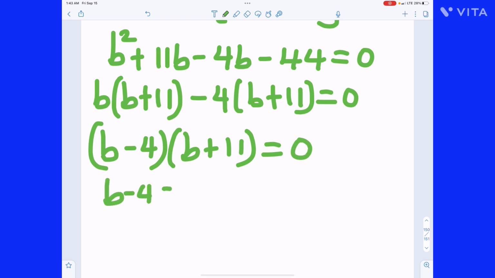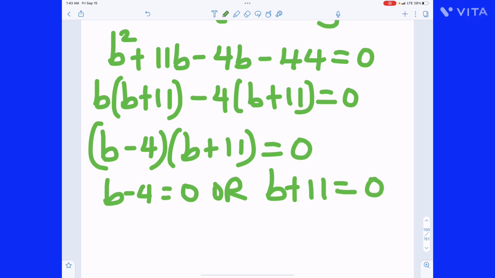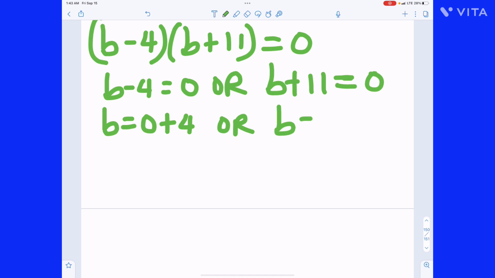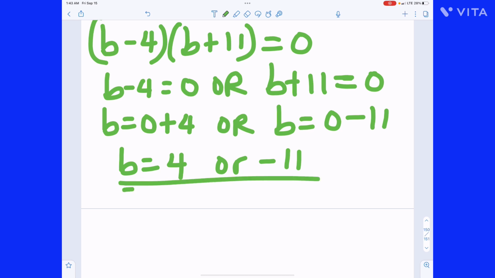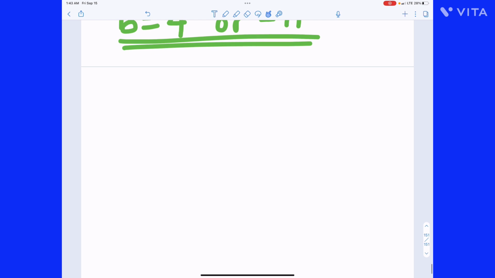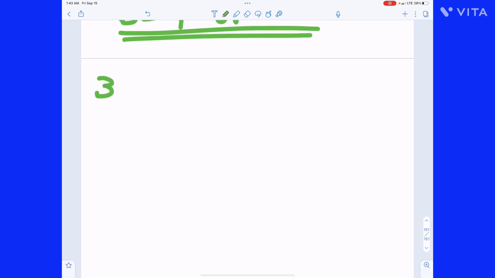So b minus 4 is 0, or b plus 11 is 0. That gives you b is 0 plus 4, or b is 0 minus 11. b is 4 or minus 11. So you take note of that. That's number 37.